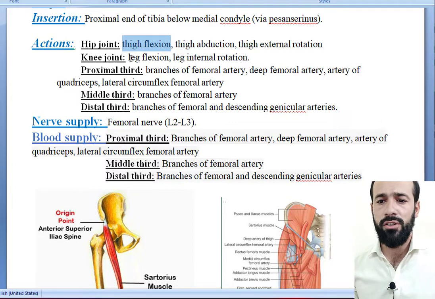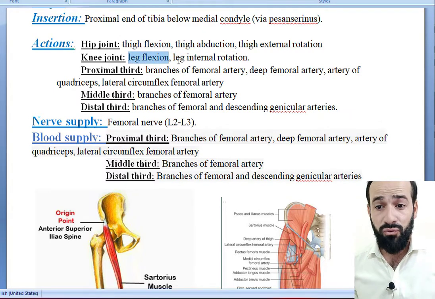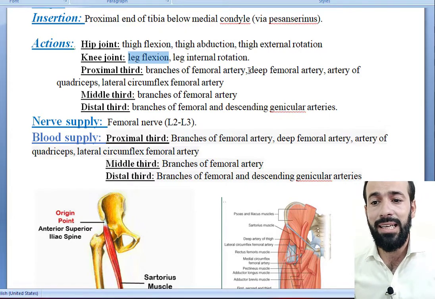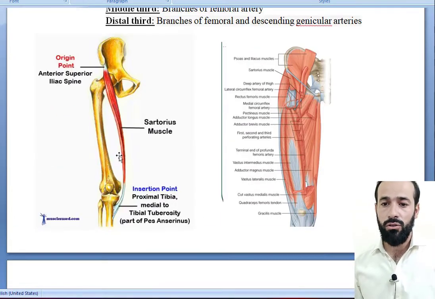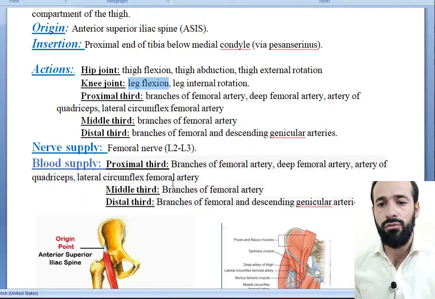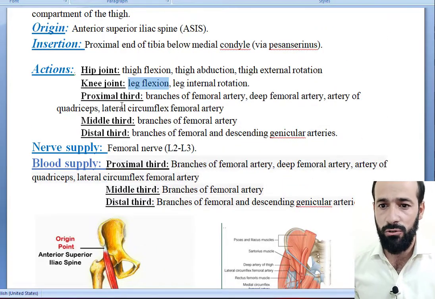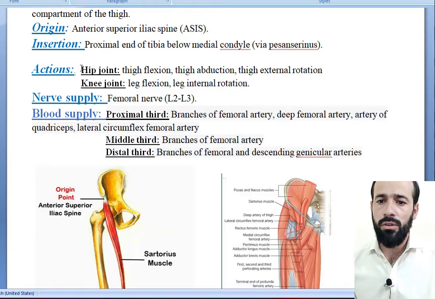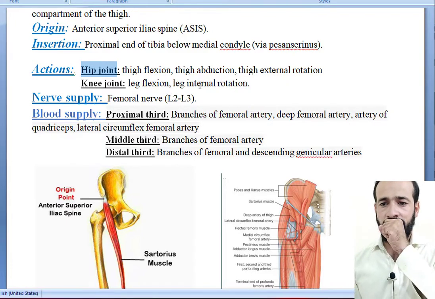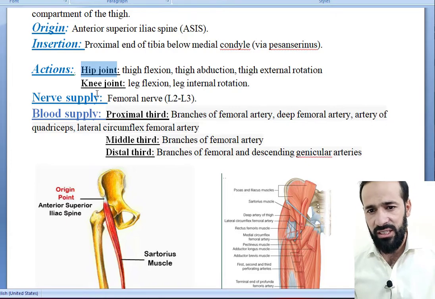At the knee joint, it causes leg flexion, and it also helps in leg internal rotation. Whenever this muscle contracts, your leg will move inward, so internal rotation. So the actions are: thigh flexion, thigh abduction, thigh external rotation, leg flexion, and leg internal rotation.